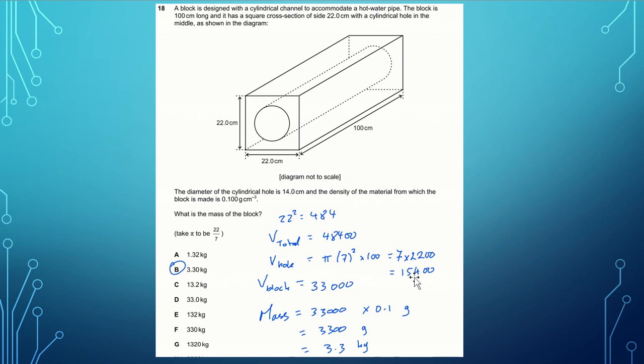And we work that one out, and then the volume of the block is going to be the difference. So we take the volume of the hole from the volume of the total, so 33,000 for the volume of the block, and we just need to multiply volume by the density to get 3,300 grams or 3.3 kilos. Answer B.